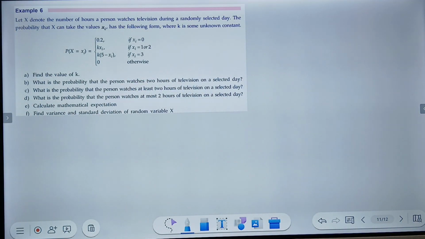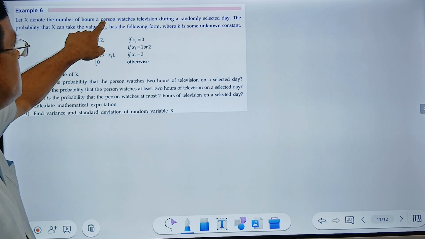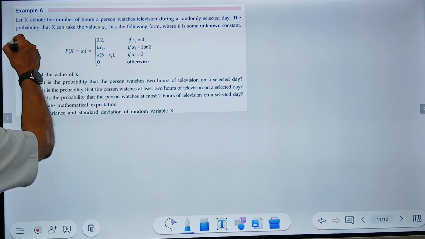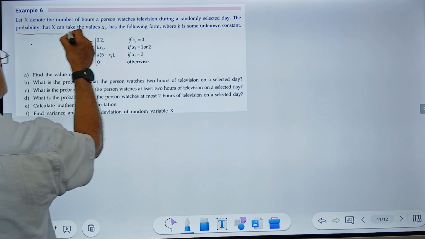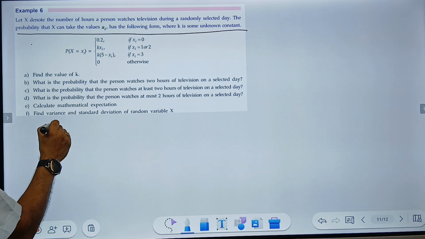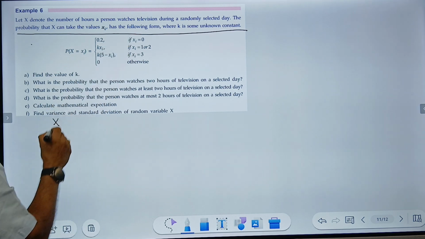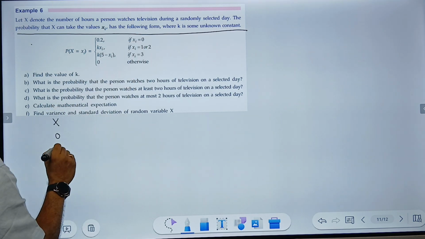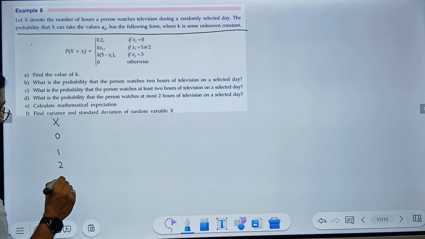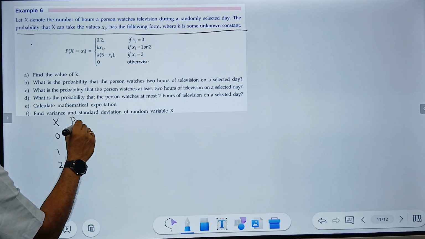Now this is my last question, where I want to find a k value, and it's a very simple question. X denotes the number of hours a person watches television during a randomly selected day. The probability of X taking value xi is given here. The values of X are 0, 1, 2 and 3.